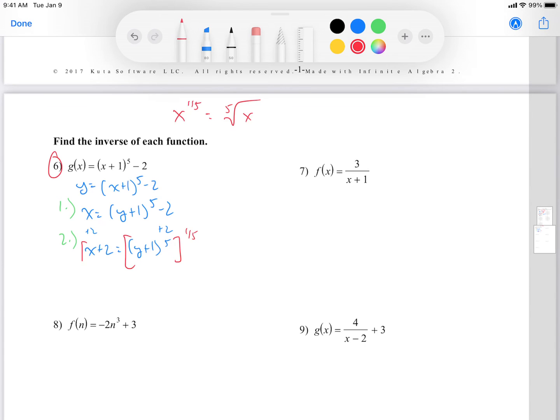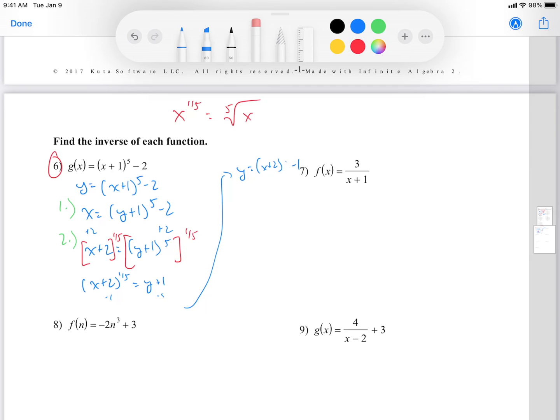So I'm going to take this whole thing also to the 1/5 power. Okay? And so now I've got x plus 2 to the 1/5, which is equal to y plus 1. And I subtract 1. I'm going to move this up here. And I get y is equal to x plus 2 to the 1/5 minus 1.